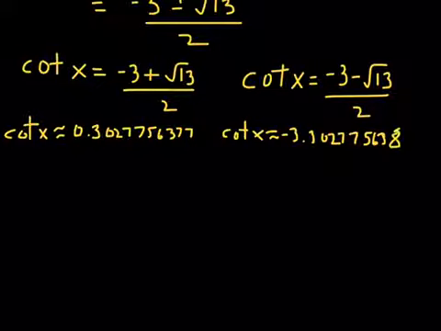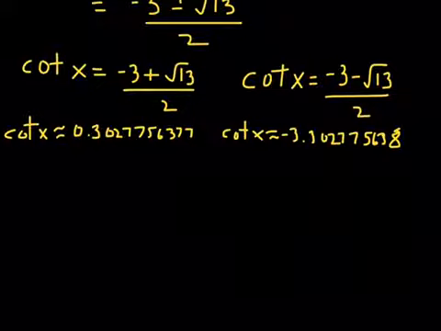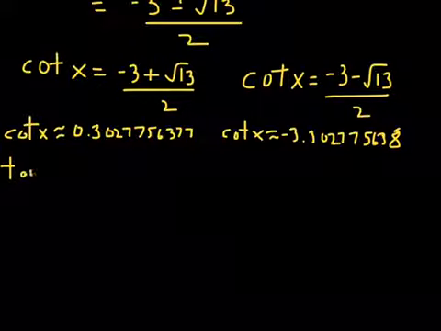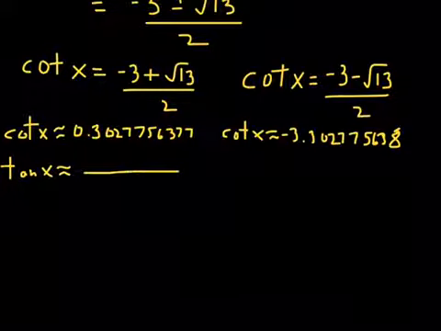Now, I can use a reciprocal identity in order to get this in terms of tangent. I can say that if cotangent of x is equal to this value, that would imply that tangent of x is approximately equal to the reciprocal of this number.